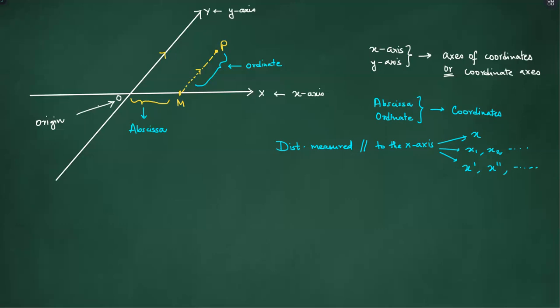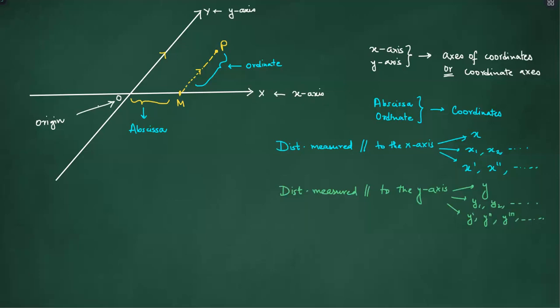Similarly, any distance which is measured parallel to the y-axis is represented by y, or y1, y2 and so on, or by y prime, y double prime, y triple prime and so on.